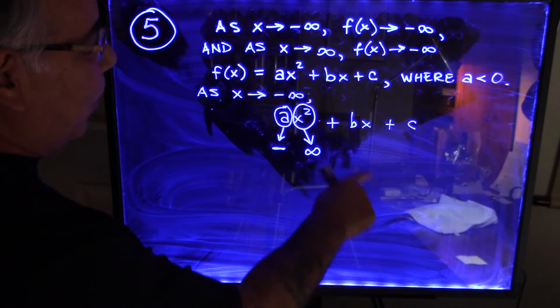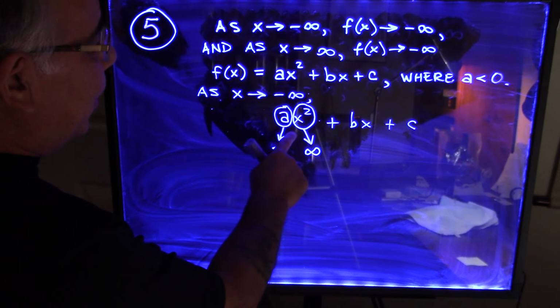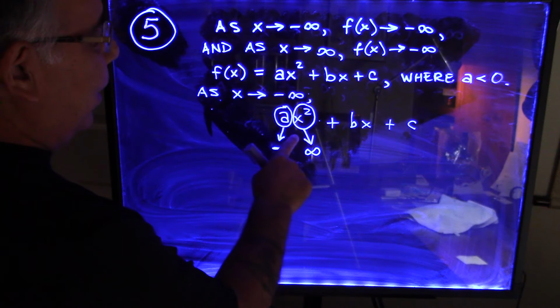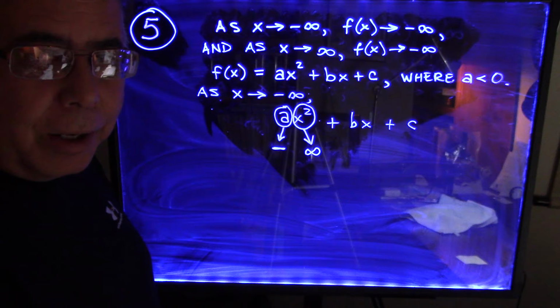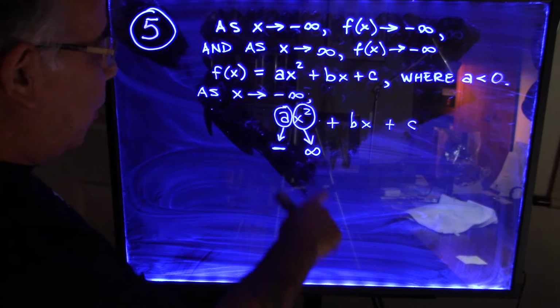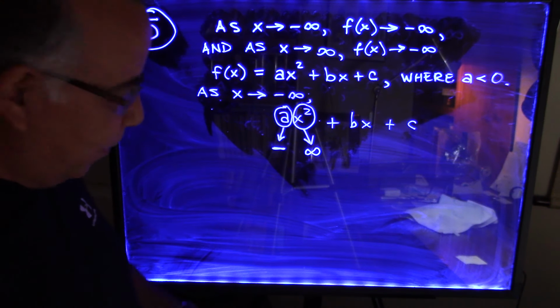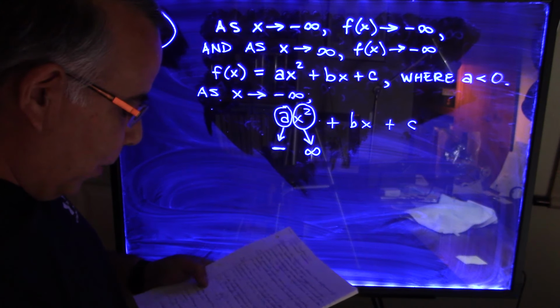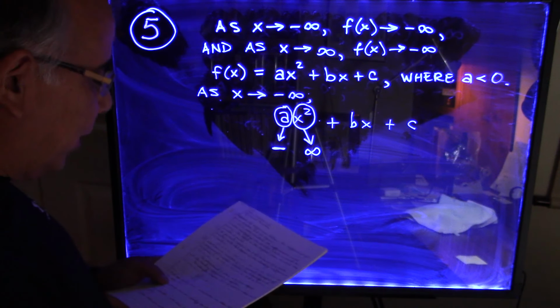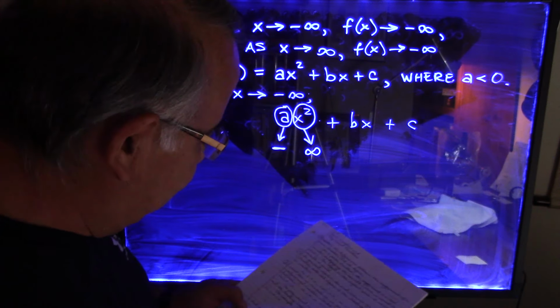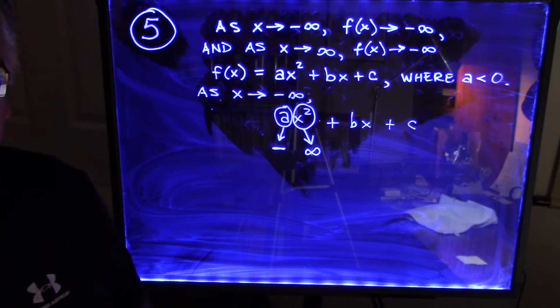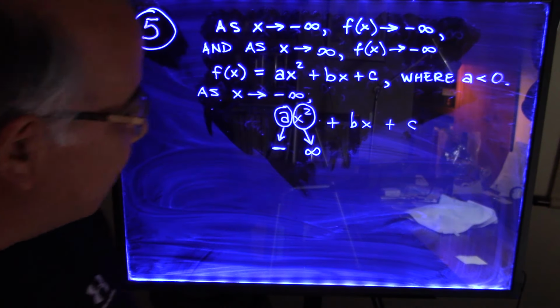So this is really overwhelming these two terms. This is the term you look out for when you look at end behavior, the leading term, the one with the highest power in it. So it overwhelms the other two terms for a large absolute value of x, putting it in a more mathematical way of speaking.